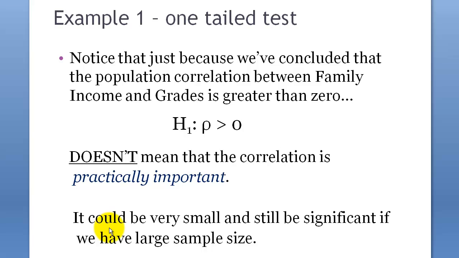The correlation can be very small and still be significant. I mean, the correlation may be small in a practical sense, not large enough, even though statistically speaking the correlation was significant.